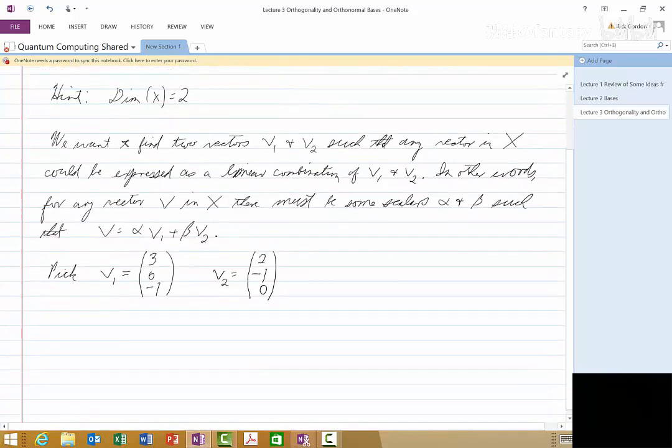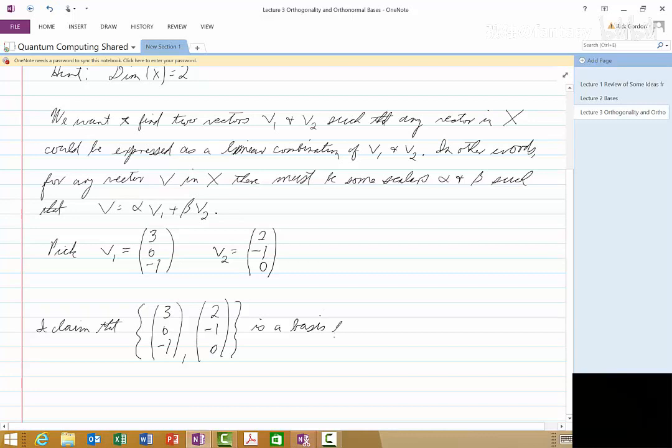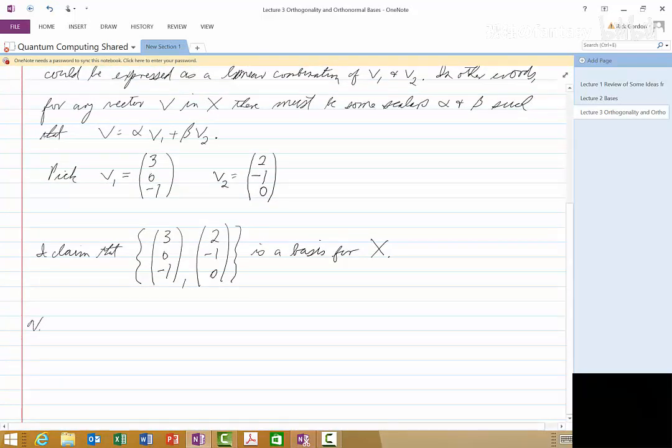So I claim that the set consisting of those two vectors is a basis for X. And now let's try to verify that.